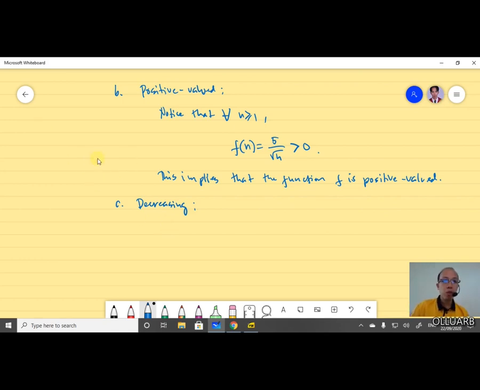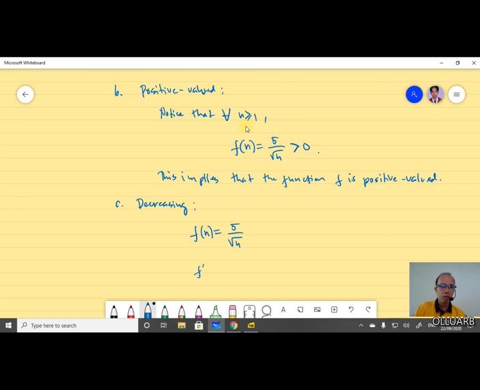First you have to get the derivative, and if it is always less than 0 in this interval, then the function is decreasing. So notice that we have f of n, which is 5 over square root of n.